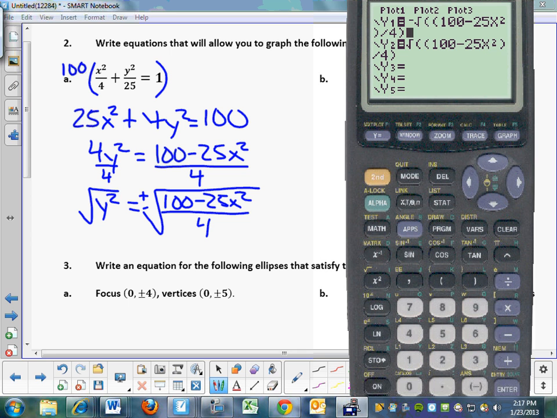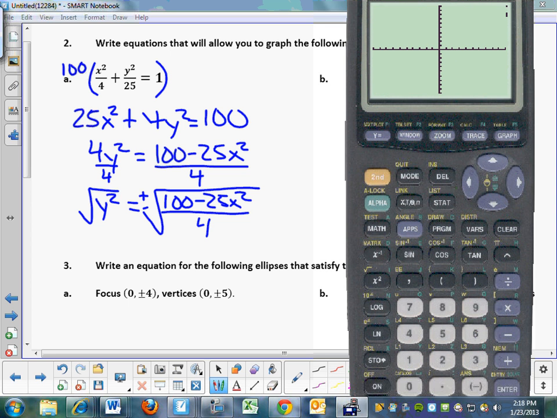Okay, so I'm going to graph these now, and when I graph them, you can see it does the bottom, and it does the top. Why do I have that gap in the middle?